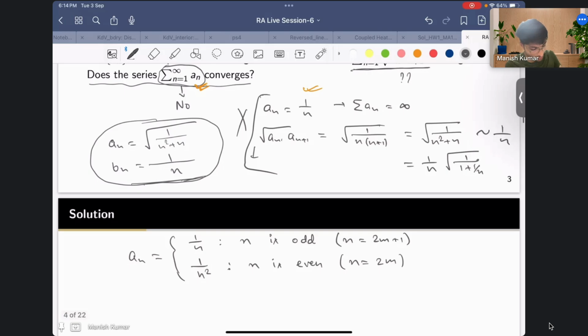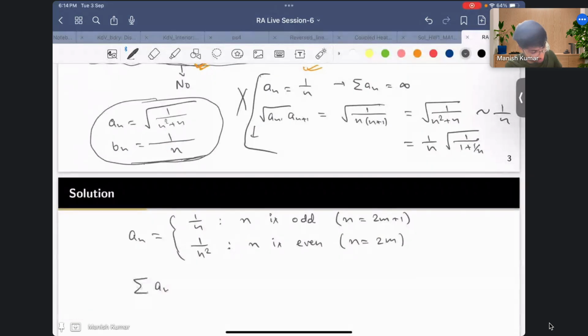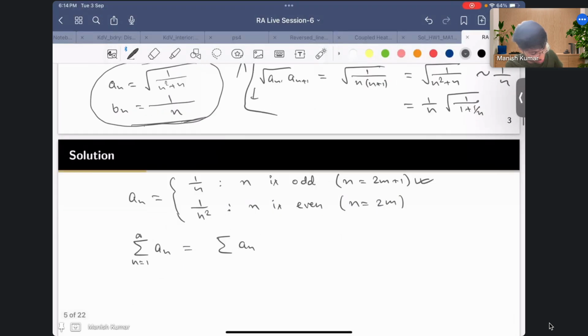Again, if you do summation an, because of this term, see what will be the sum, n equal to 1 to infinity. Then you will write summation an when n is odd, plus summation an when n is even.